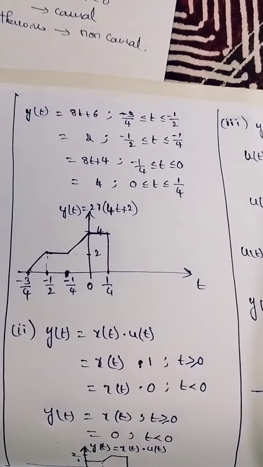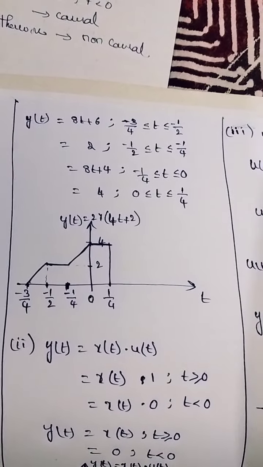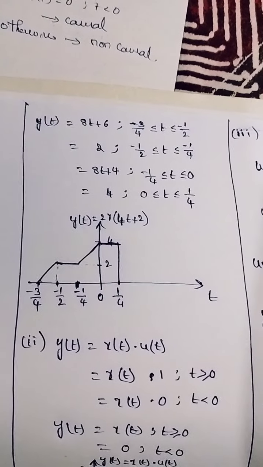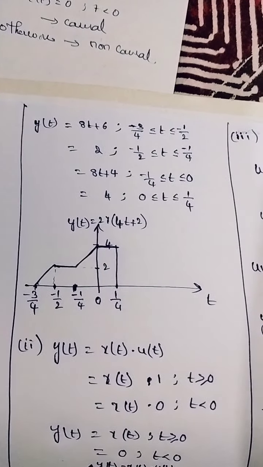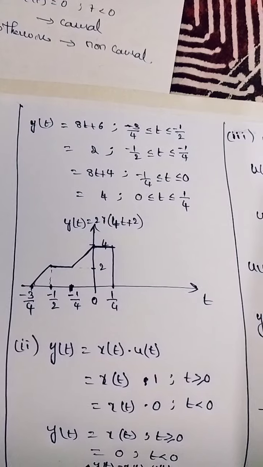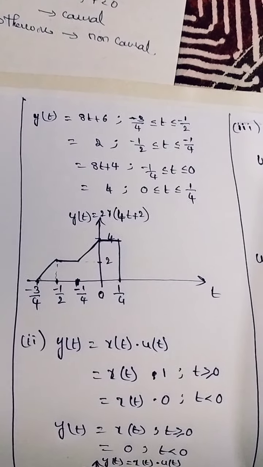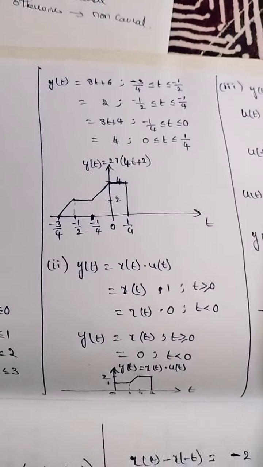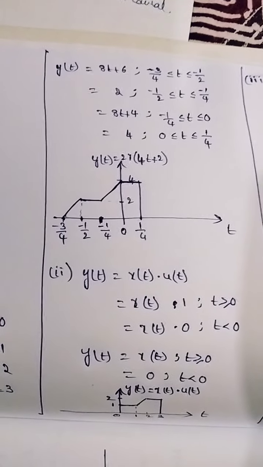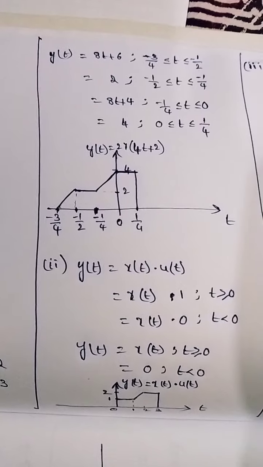Like that, determine all the values. You can get y of t. So between -1 by 2 to -1 by 4, it is 2; -1 by 4 to 0, 8t plus 4; 0 to 1 by 4, 4. So for this y of t, draw the graphical representation.